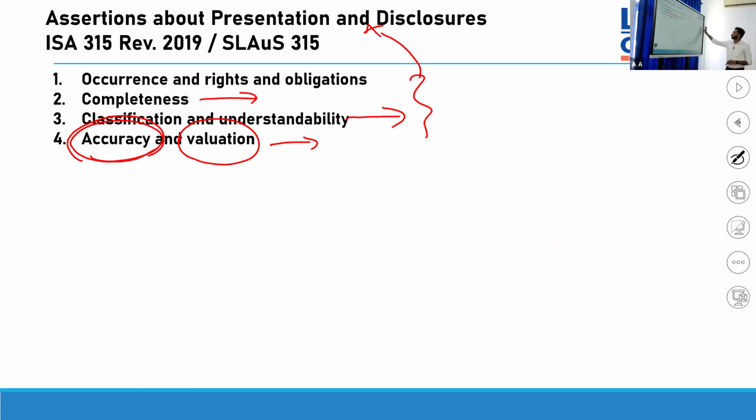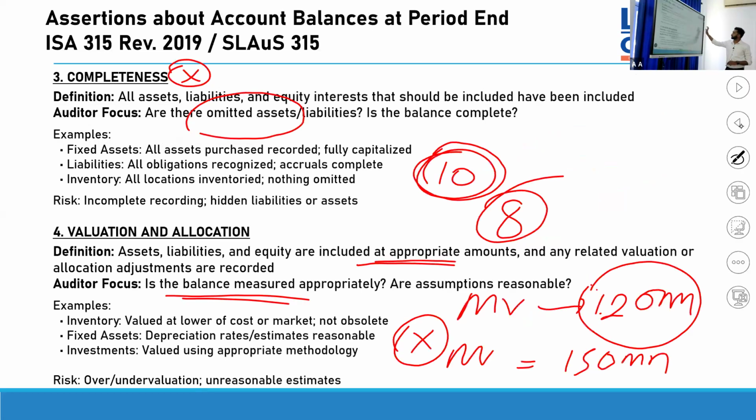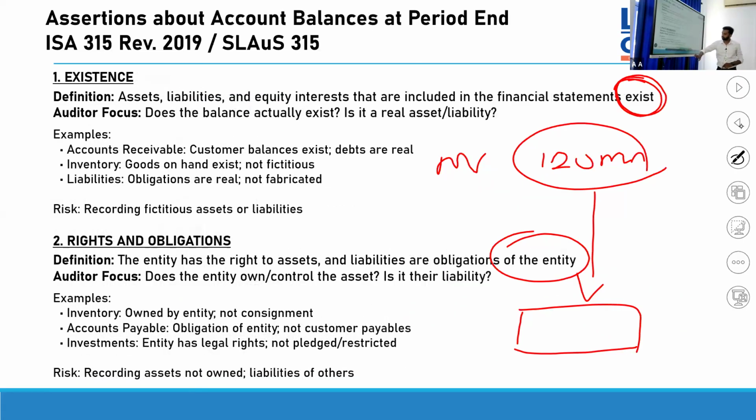Are the other things clear? Please let me know. Do you have any doubts regarding the assertions? Is that clear?